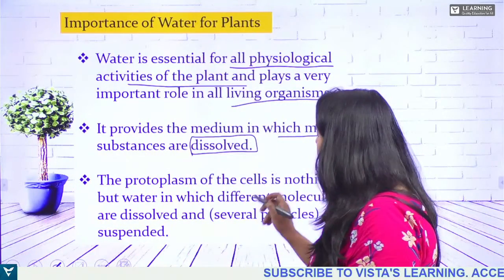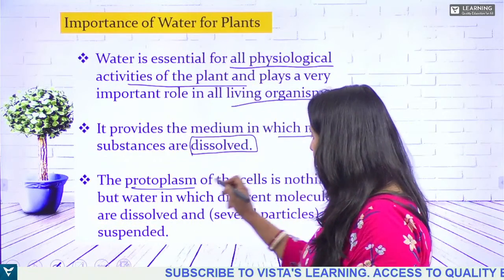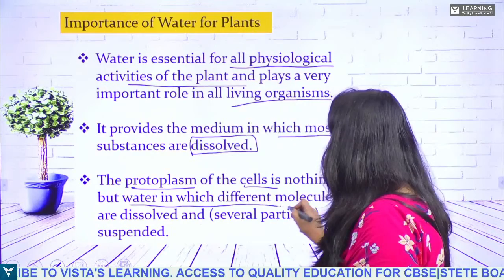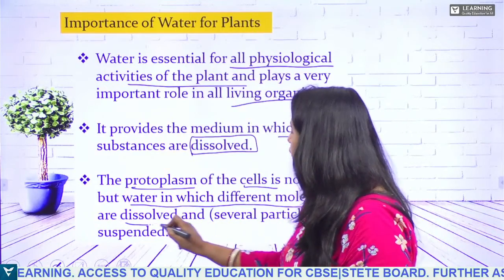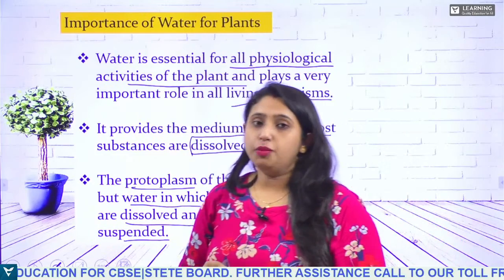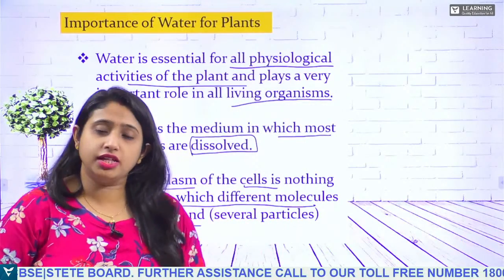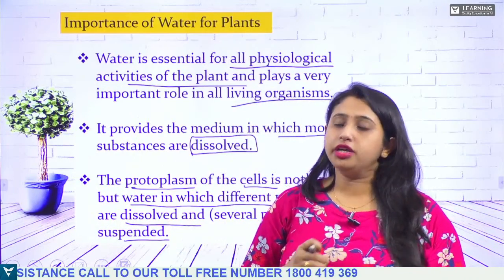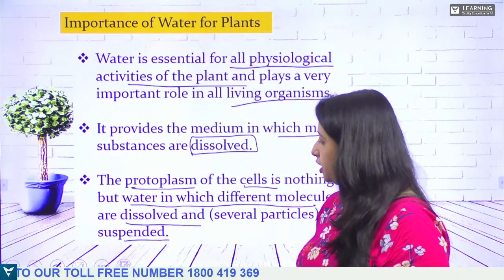Now the protoplasm of the cells is nothing but water in which different molecules are dissolved and suspended. So the protoplast of the cell is the area where the different molecules are suspended.